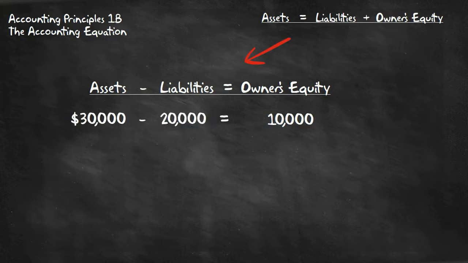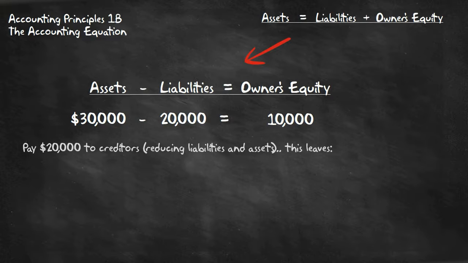This means of the $30,000 in assets, if I were to sell the business, I would have to give $20,000 to creditors, which gives me $10,000 in equity, or assets, for myself.